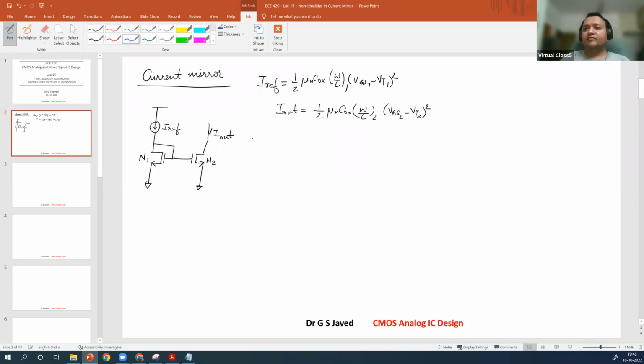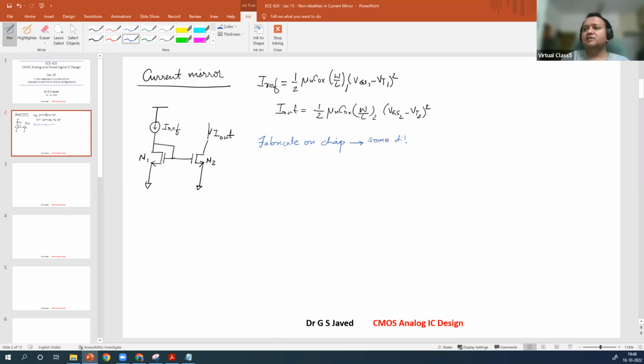What are these? If you fabricate this device in the same silicon, even if you keep them next to each other, you will not get absolutely the same devices. So even if you fabricate, what will happen? There will be some change. Some or the other change will be there.